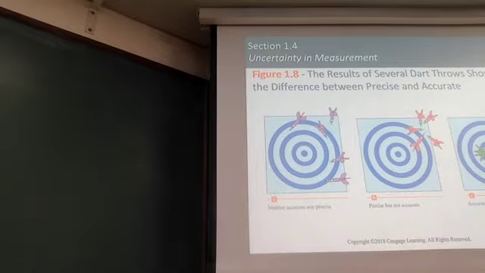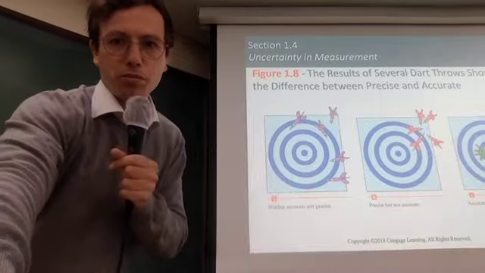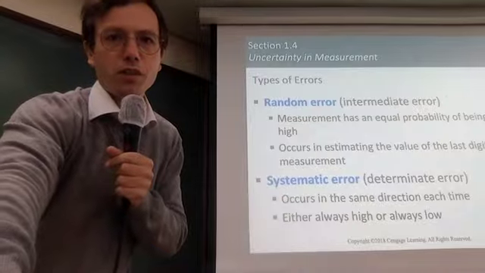So this would be precise but not accurate. The last one is accurate and precise. All the darts land at the same point. It's a very precise measurement, and it's also accurate because it hits the goal of the true value. Yeah. So I hope that was clear right now.